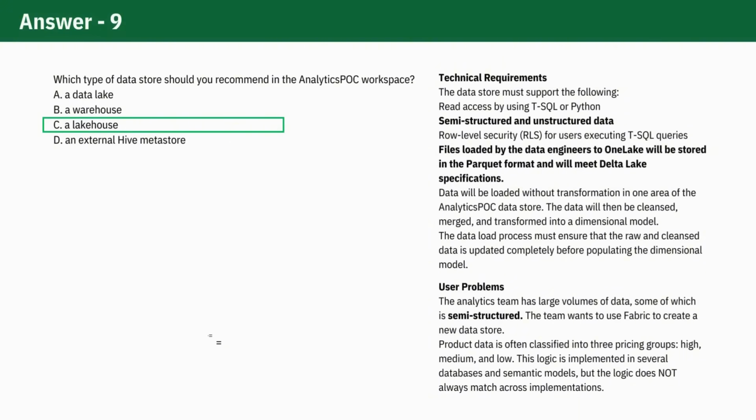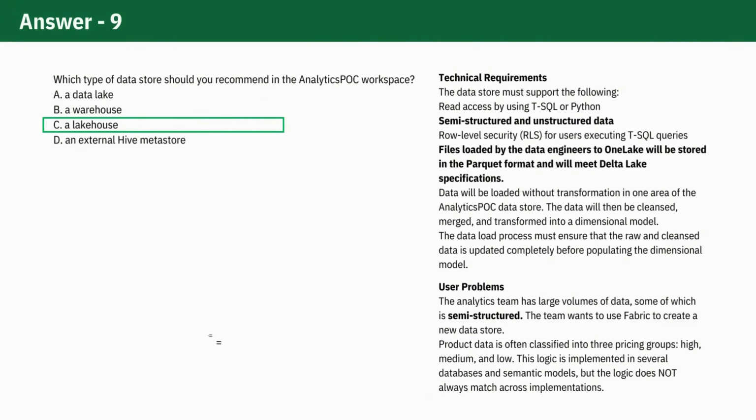The correct answer is Lakehouse, because Lakehouse supports unstructured, structured, and semi-structured data, and in the technical requirements, it says semi-structured and unstructured data, which should hint you to choose Lakehouse. Let's look at other options. Data lake could be valid, but it is not really a concept that we have in Fabric.